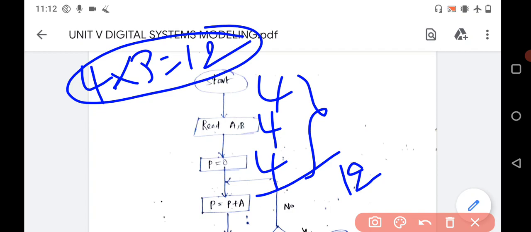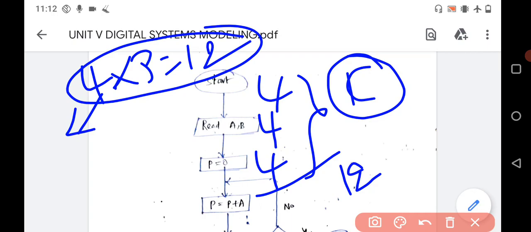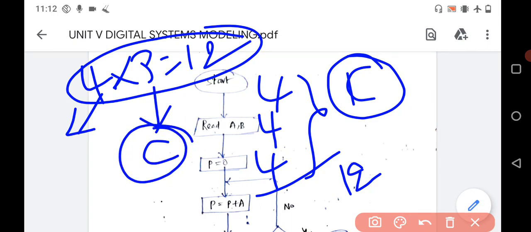For that purpose, we have to take one control signal. Let us see here, 4 is the number we are considering, where 3 is the control. By adding 4 three times, obviously we can get 12, right? At the same time, suppose I take 5 threes are 15.